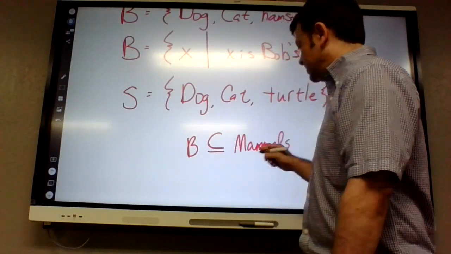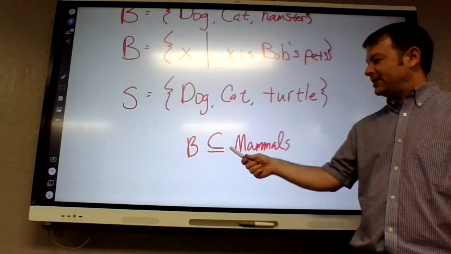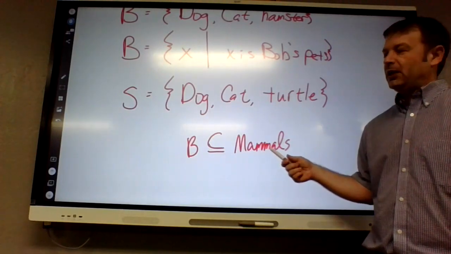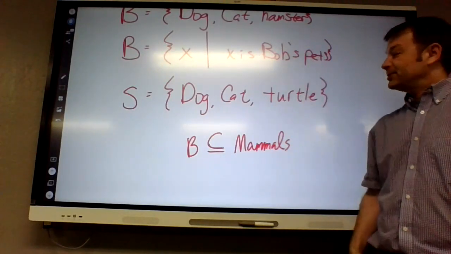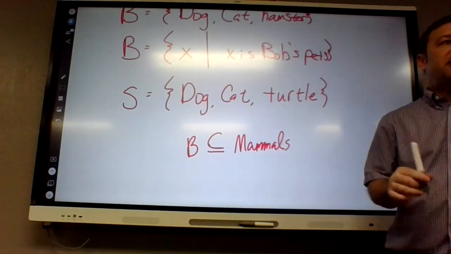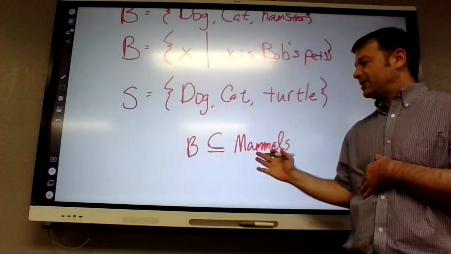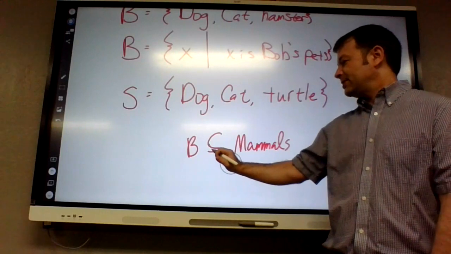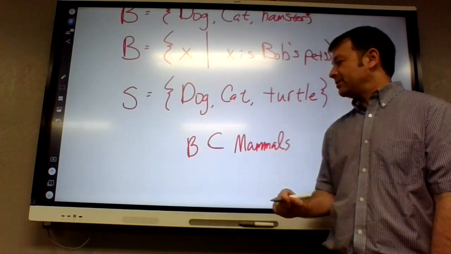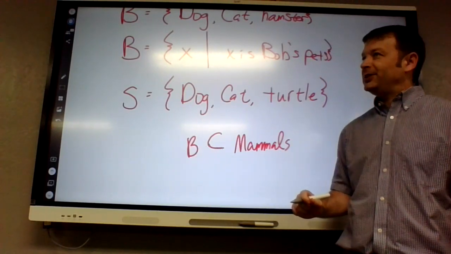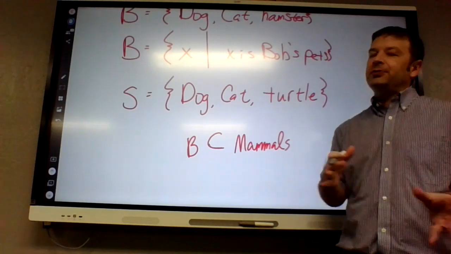Is Bob's pets a subset of mammals? Yes, because dog, cat, hamster, those are all mammals. So for a subset, everything in this set has to be in this set. If this line is not underneath it, it's called a proper subset, which means they're not equal.